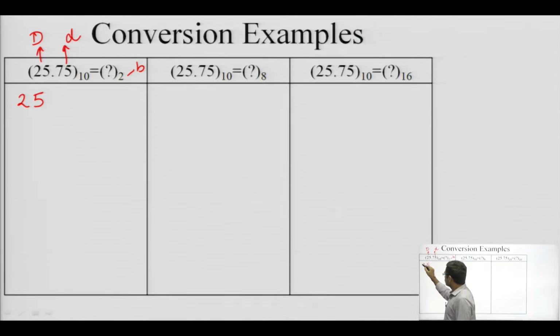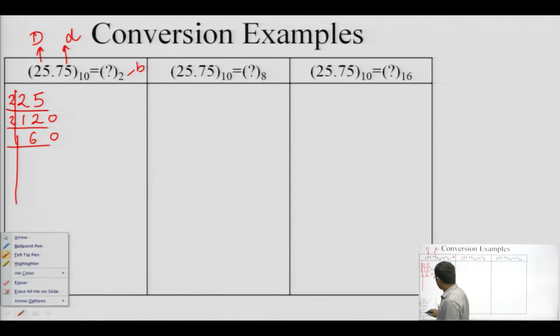If we want to convert this into binary, I will successively divide it by 2. So, 2 12s are 24 and the remainder is 1. Similarly, 2 6s are 12 and the remainder is 0. Sorry, here the remainder is 1. We have to correct it.